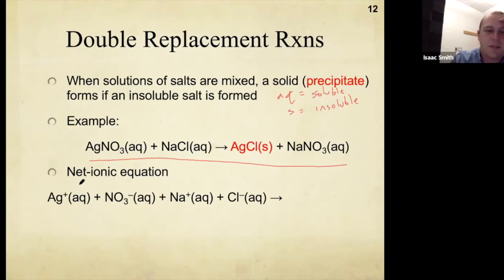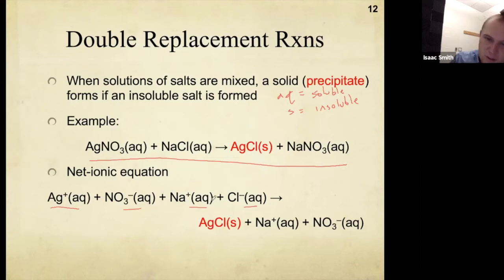So here we split up into all four of these different ions that come from these two compounds: silver, nitrate, sodium, and chloride, all splitting up because silver nitrate and sodium chloride are soluble. The silver chloride is going to stay. It doesn't split up in water because it's a solid, which is insoluble in water. But the sodium nitrate does split up because it's aqueous, which is soluble in water, okay?